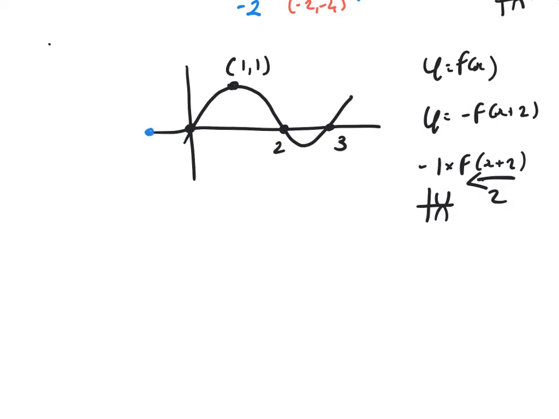So I'll move from 0, 0 the origin to -2, 0. 2 will now come into 0 and 3 will come into 1. 1, 1 will come into -1, 1. And the thing will look a bit like this.